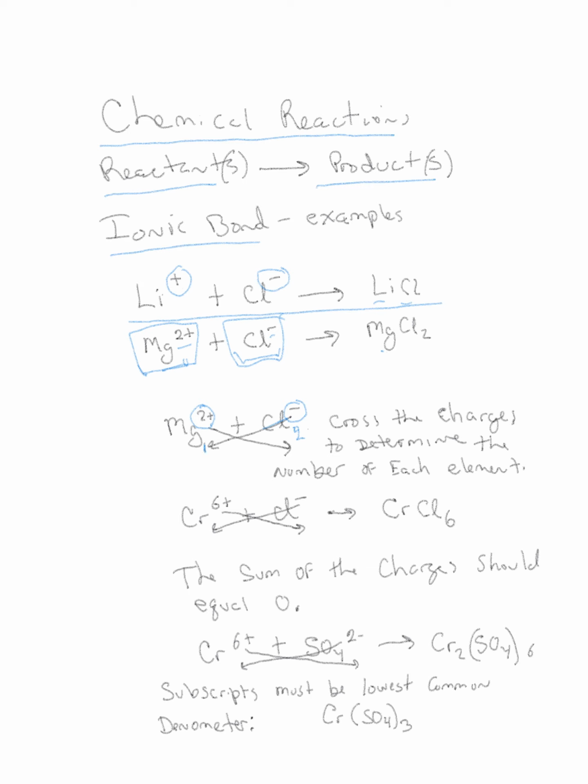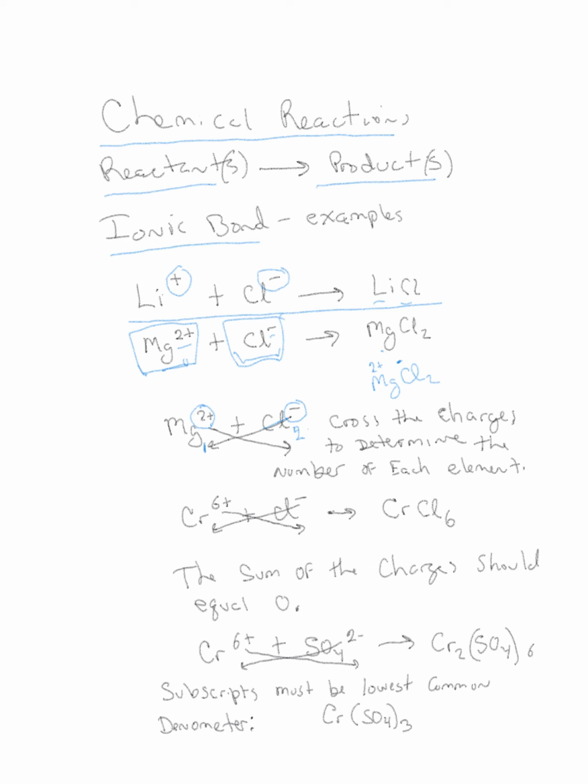That tells me how many I need. So I would have MgCl2. Why? Because the positive charge of the magnesium was 2 plus, and the chlorine was negative 1. So I have to have 2 chlorines, which equals 2 negative charges, to cancel out the 2 positive charges of the magnesium.